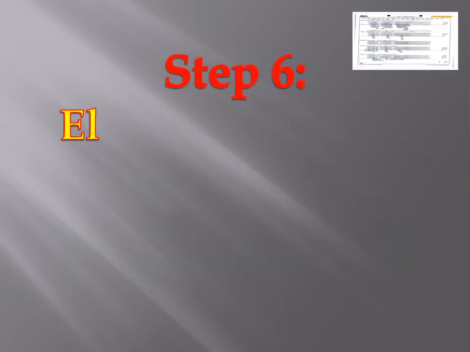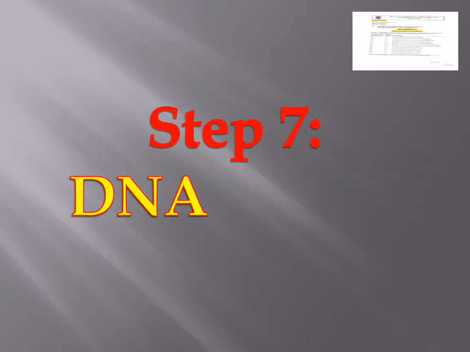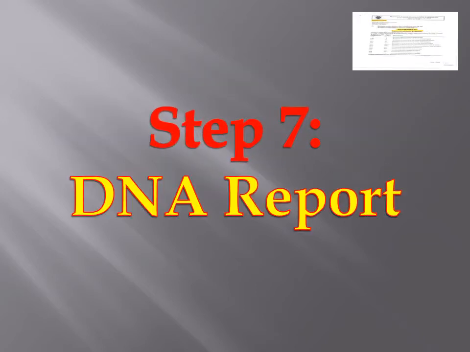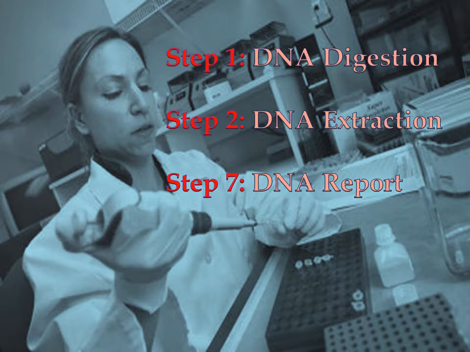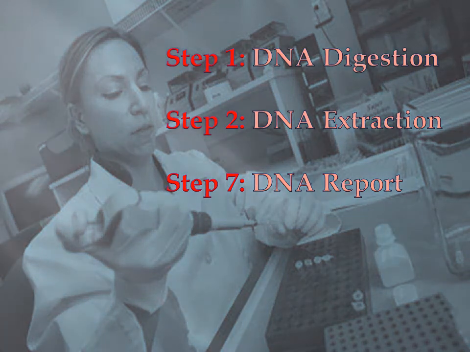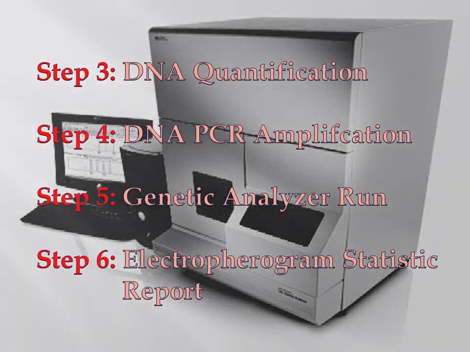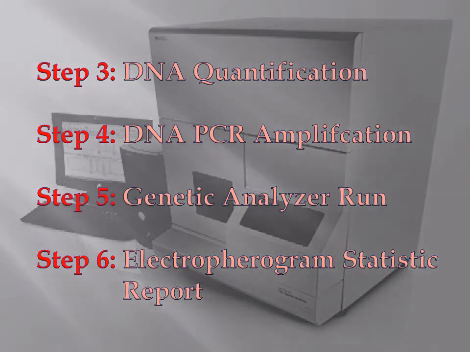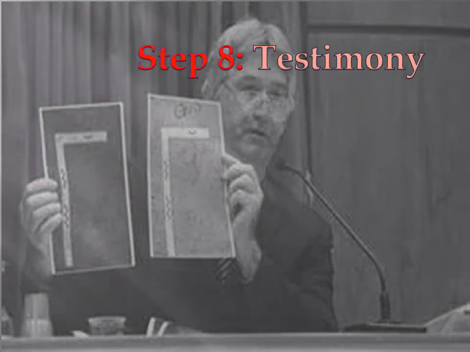Step 6, electropherogram statistic report. Step 7, DNA report. Step 8, testimony. It is important to note that steps 1, 2, and 7 are conducted by hand. Steps 3 through 6 are largely machine or computer aided, and step 8 is a verbal testimony given in the court of law.